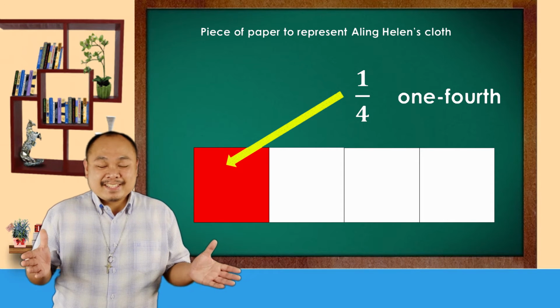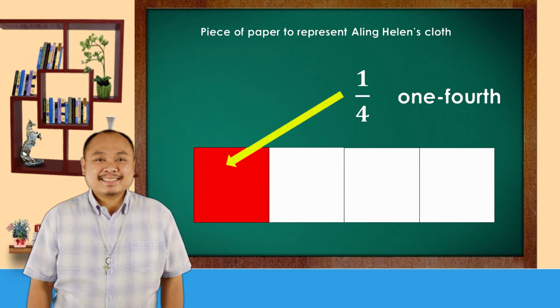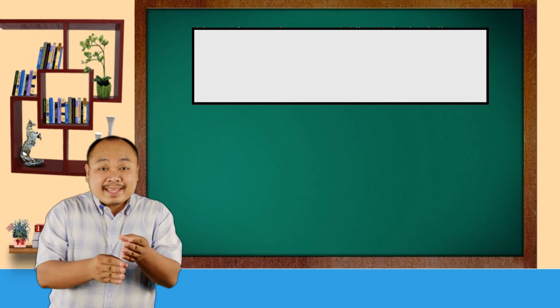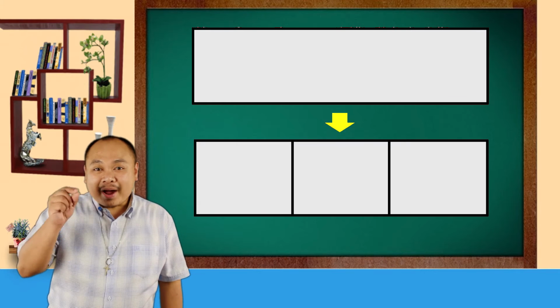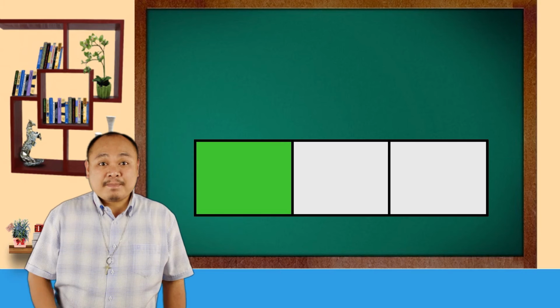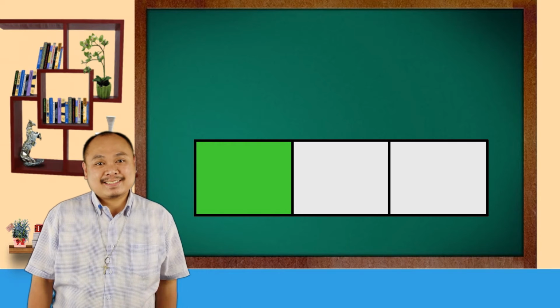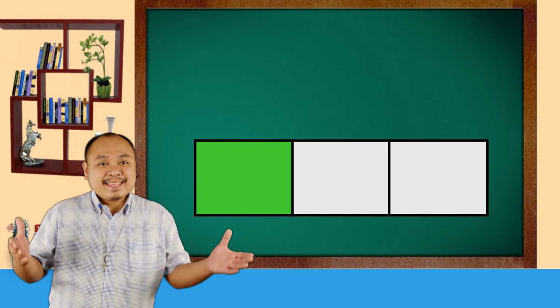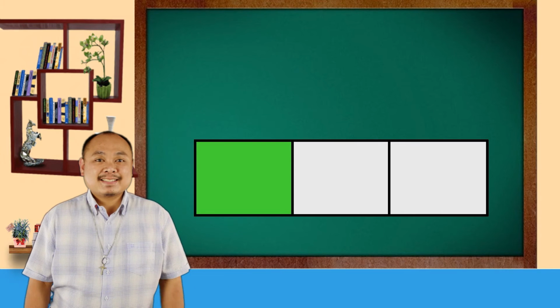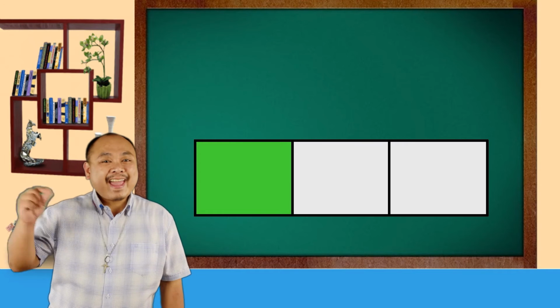Now do this activity by yourself. Get a sheet of paper, divide into 3 equal parts. Color one part green. Look carefully at the fractional part of the shaded area. What is the fraction of the shaded part? Correct.